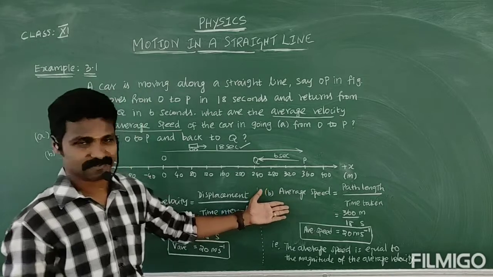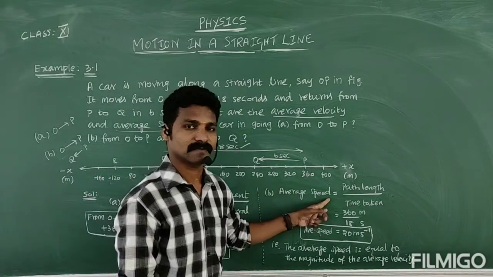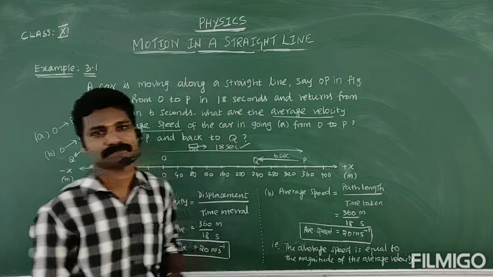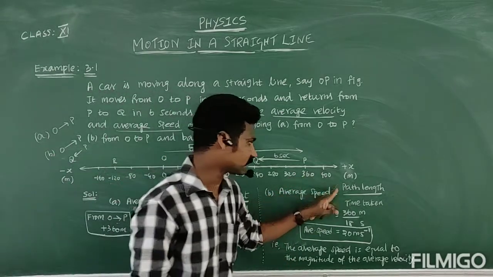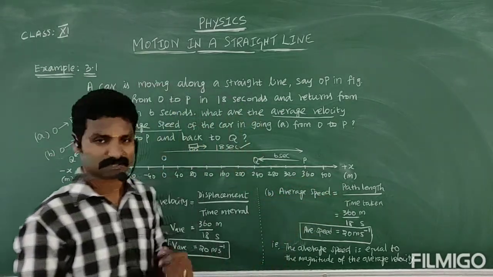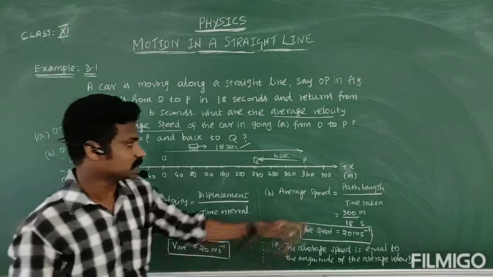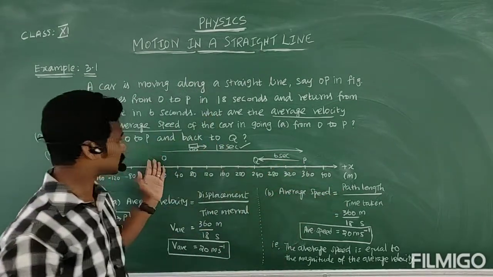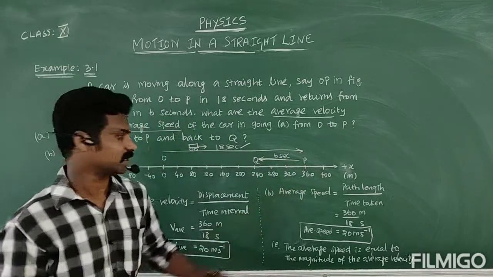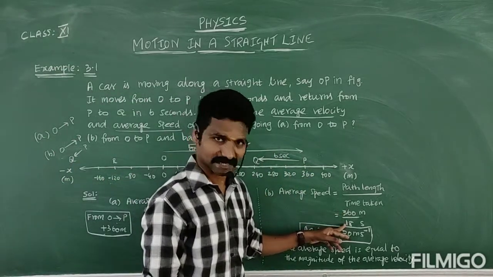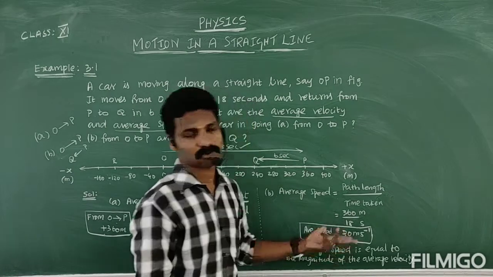Average speed is the path length divided by the time interval, or the distance divided by the time interval. The path length is also the same, 360. So 360 divided by the time interval of 18 seconds gives the same 20 meters per second.